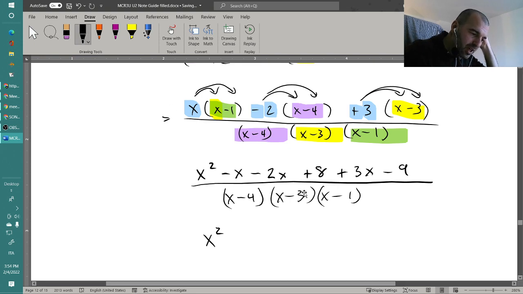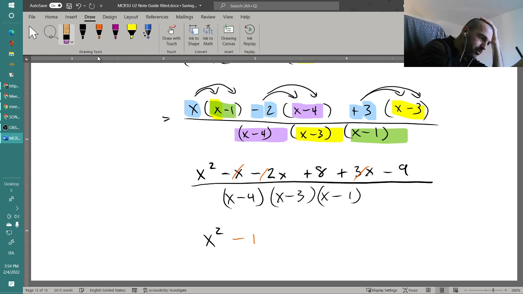So I got a 3x. Oh, look, these guys cancel. A negative x, a negative 2x is a negative 3, plus 3. All the x's cancel. Boom, boom, boom. Leaving me 8 minus 9, which is minus 1.